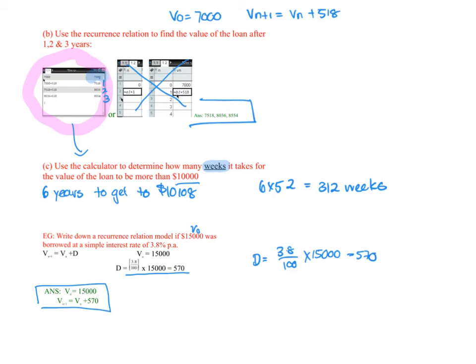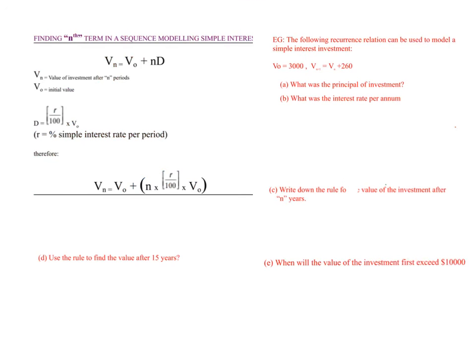Okay, so what's going to happen? What if I said find out what happens after 52 years or something? You do not want to be on the calculator pressing enter, enter, enter 52 times. So we now need to come up with a rule that helps us get to a particular spot straight away. On the next page, that's called finding the nth term.